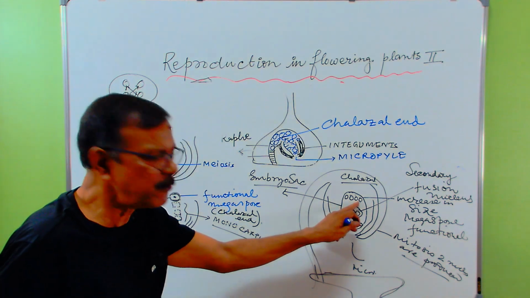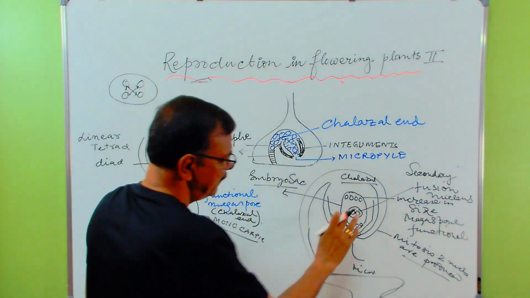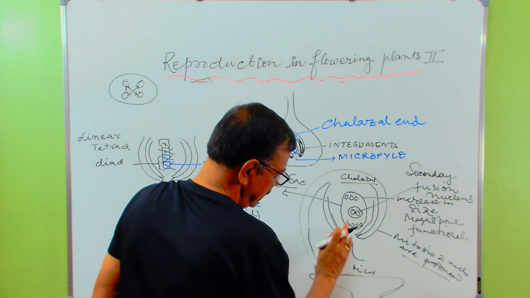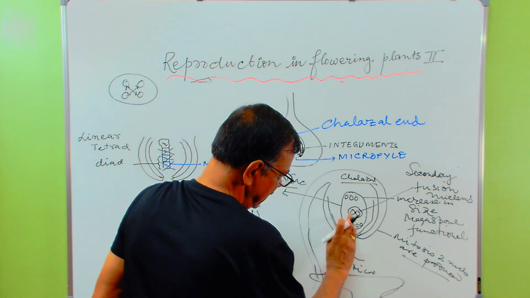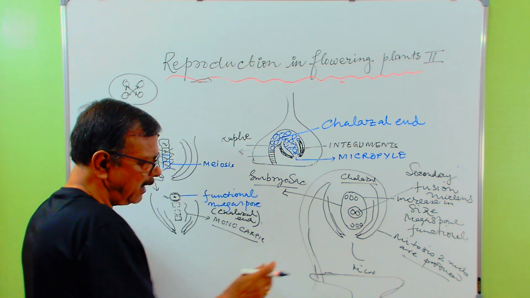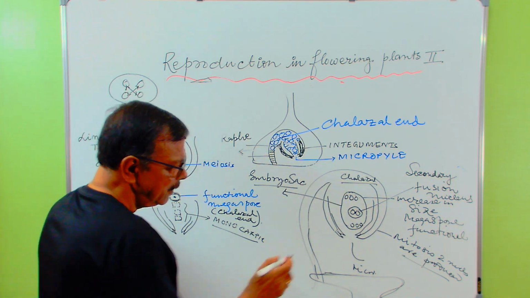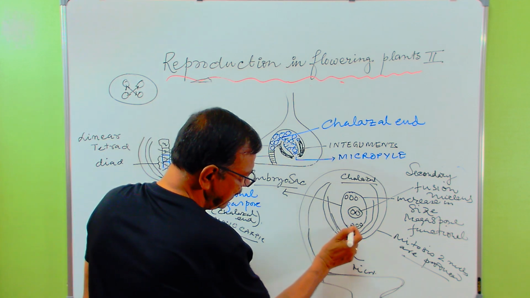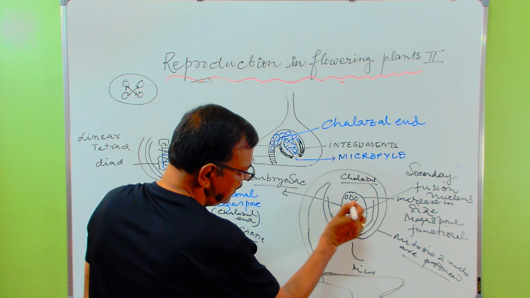And here how much will remain? 3. One sacrificed goes to the middle of the embryo sac, not the total ovule. Only in the embryo sac, these 3 and these 3.